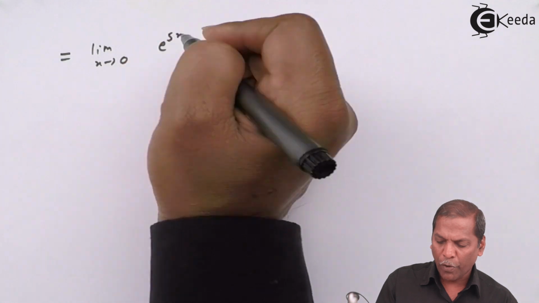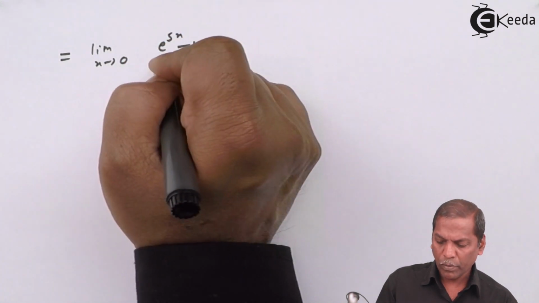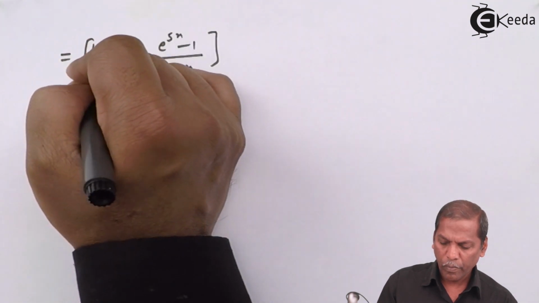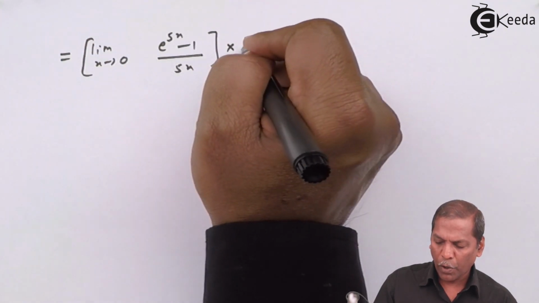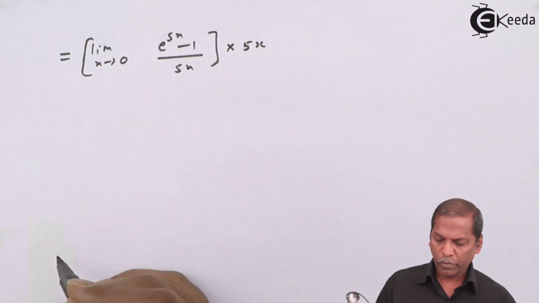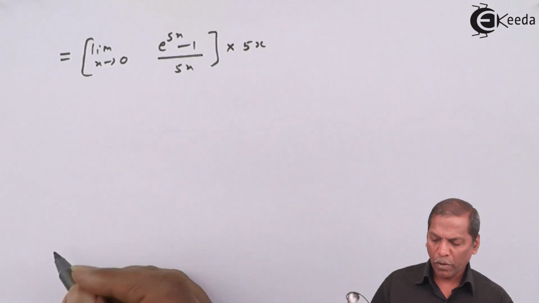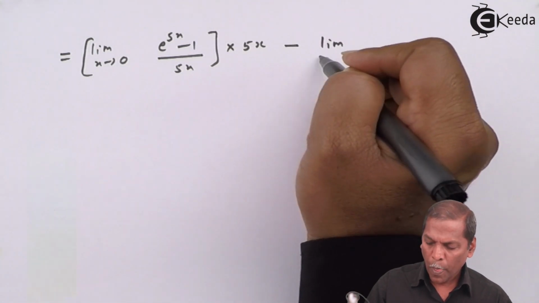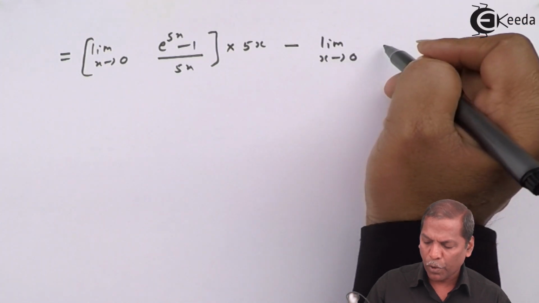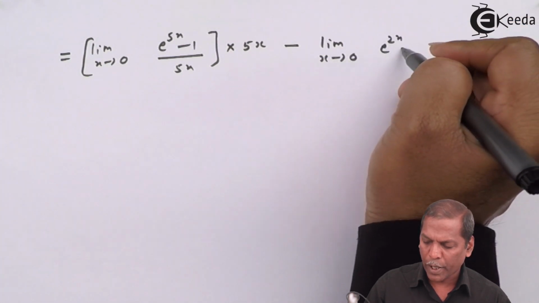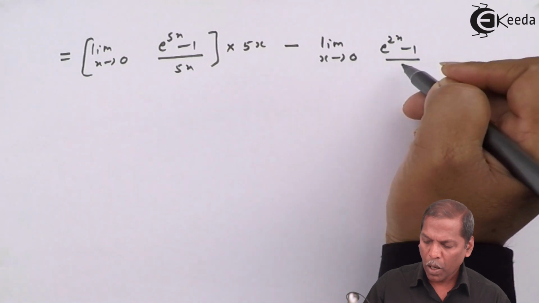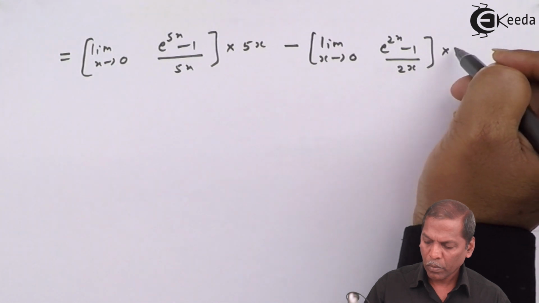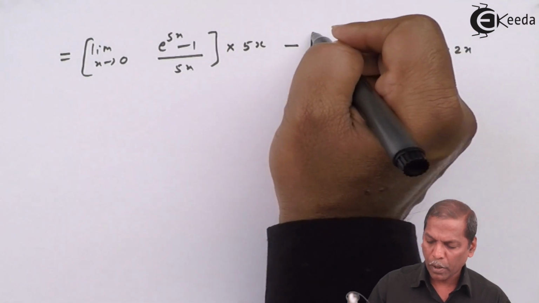Now (e^5x minus 1) upon 5x and into 5x. So this is the adjustment for the exponential function. Then minus limit x tends to 0 of (e^2x minus 1) upon 2x and into 2x.